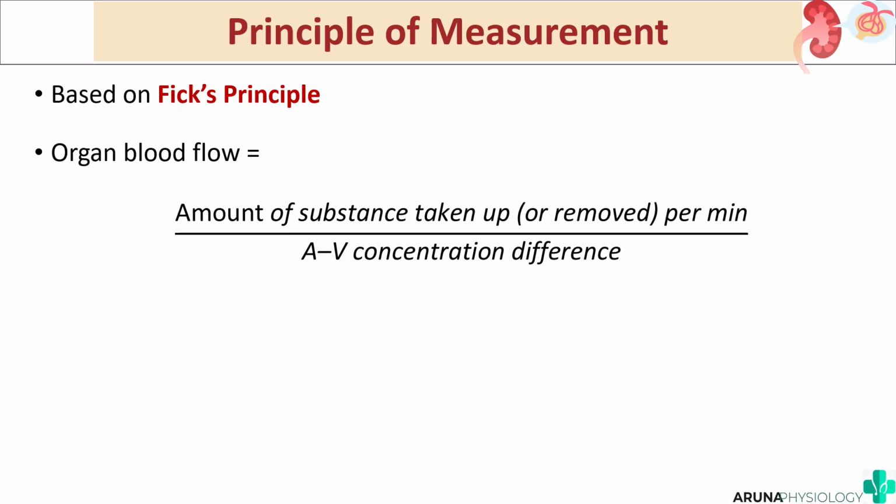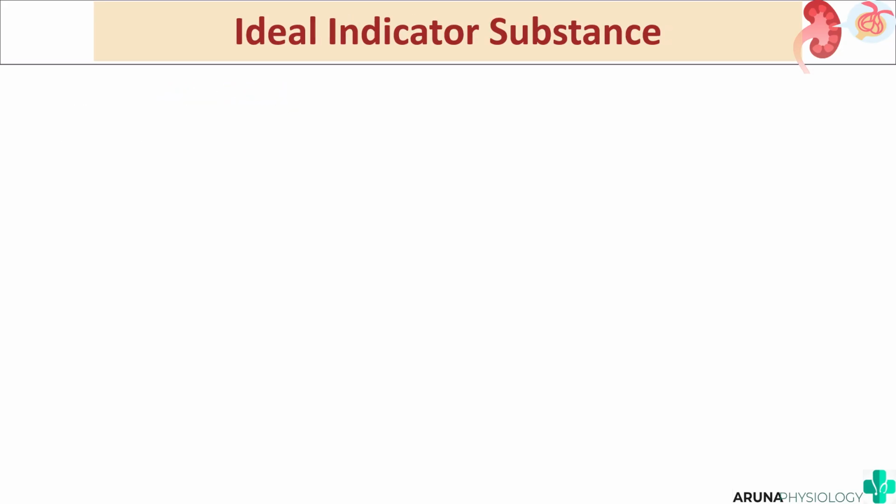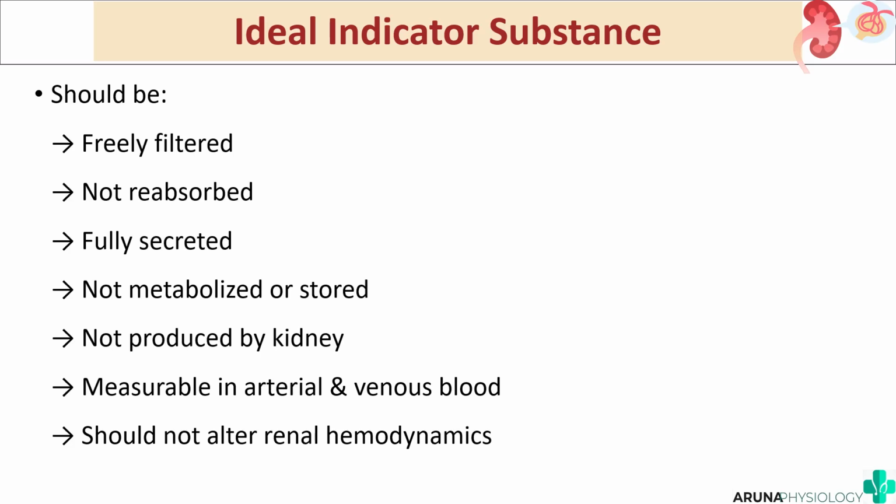Now let's talk about what indicator should be used. Basically, by Fick's principle, we are using an indicator, and then using that we are finding out the organ blood flow. So to find out the renal blood flow, which indicator would be ideal? The indicator to be used should be freely filtered in the kidney, not reabsorbed, fully secreted, not metabolized or stored, and not produced by the kidney.